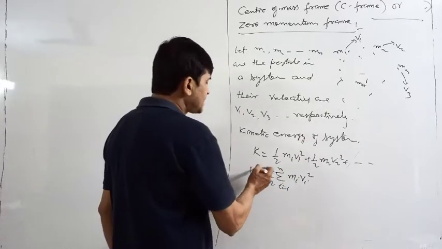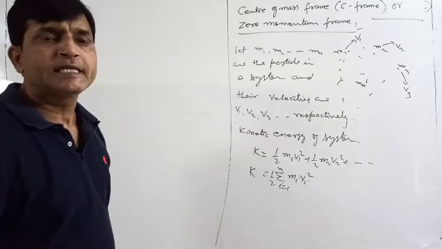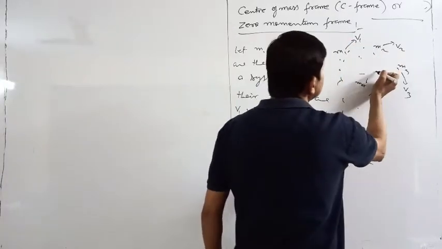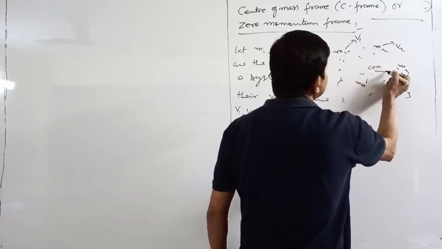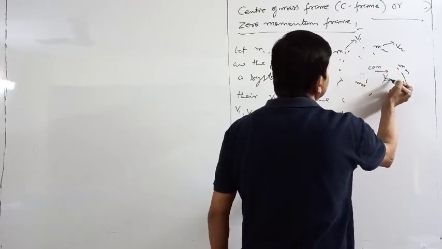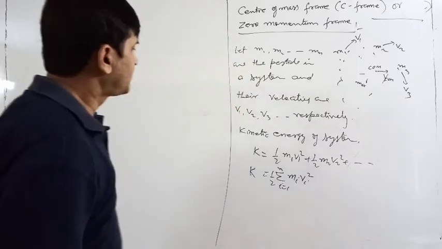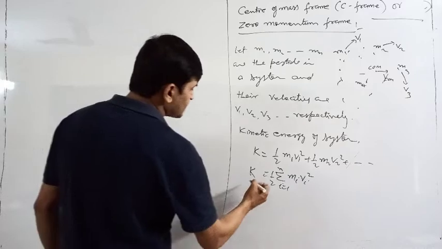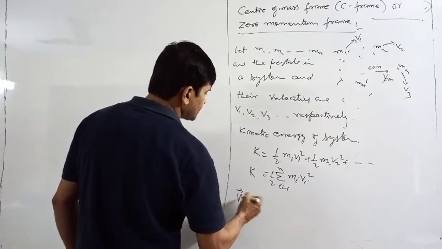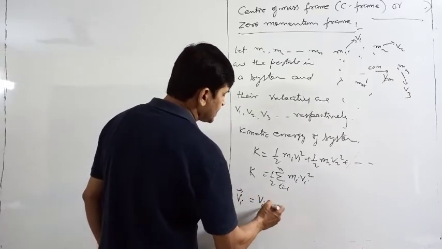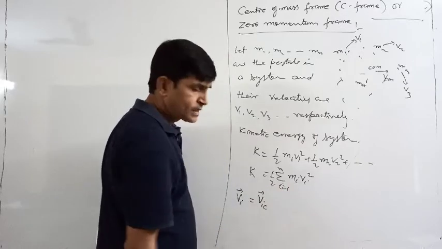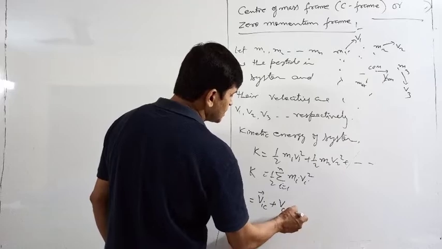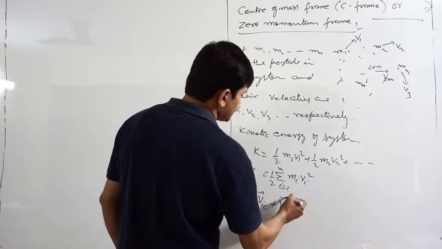Now the same thing I want to write in terms of the center of mass. So this system will have a center of mass somewhere, and this center of mass may have some velocity that we call the velocity of center of mass. See, the velocity of the ith particle is equal to the velocity of the ith particle with respect to center of mass plus the velocity of center of mass with respect to ground, or simply Vc.